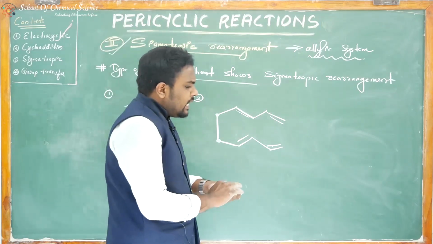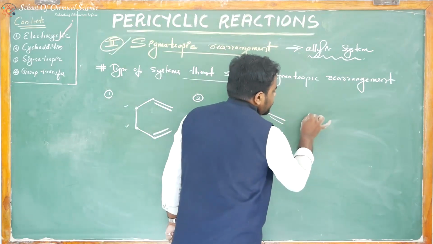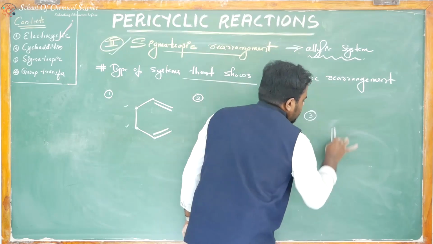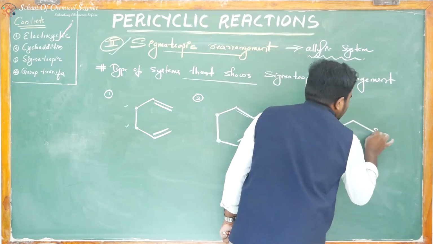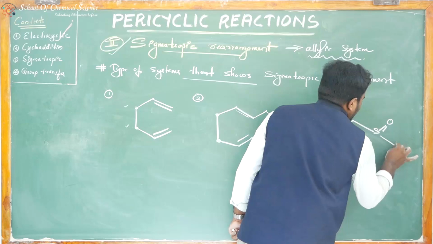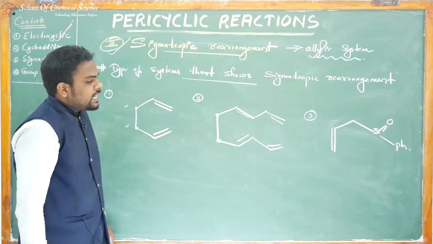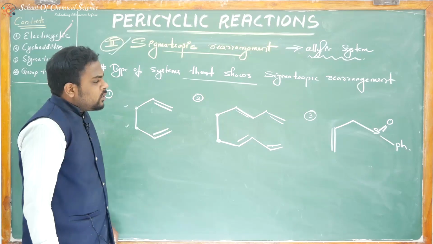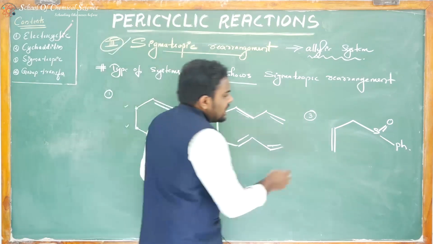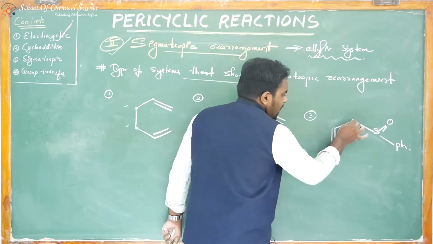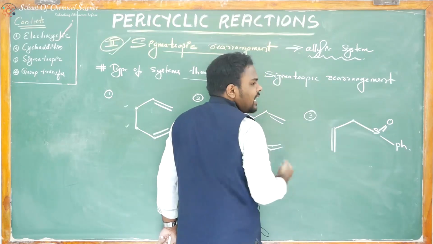Then third example. S double bond OPH, a sulfur oxide. Please listen. This is a carbon which is connected to a double bonded carbon.